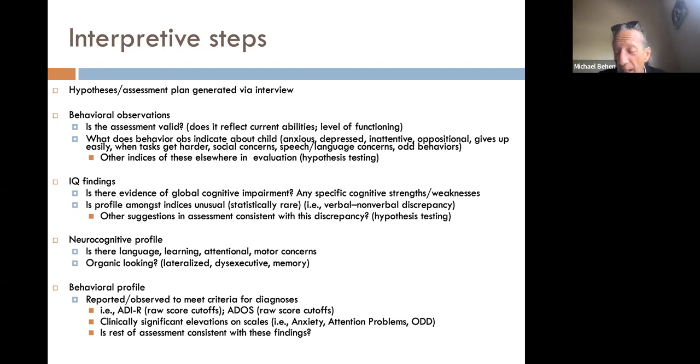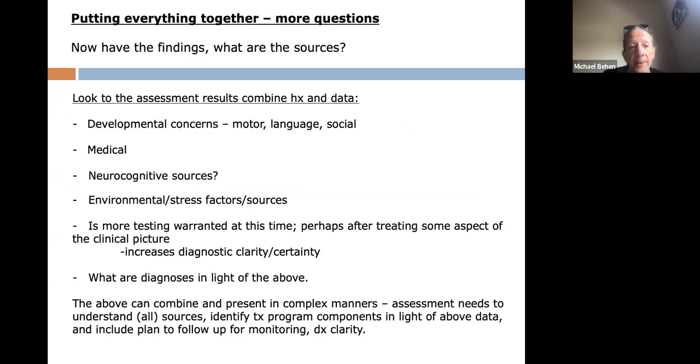Is there an anxiety disorder, adjustment? Very commonly we are identifying stress response problems as the source of somebody's problems in living. So now we have a full understanding of the problems, and a very good understanding of what the sources of those problems might be.